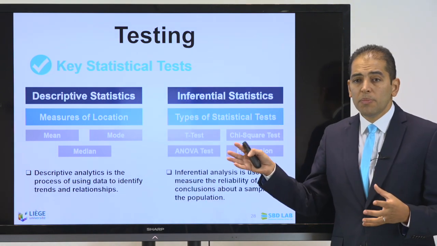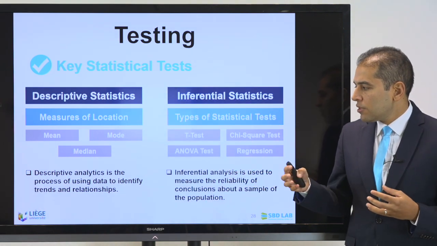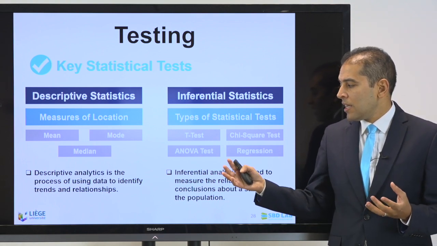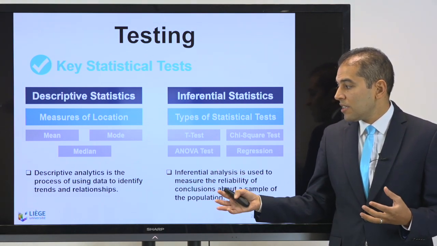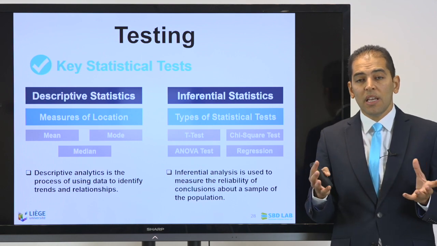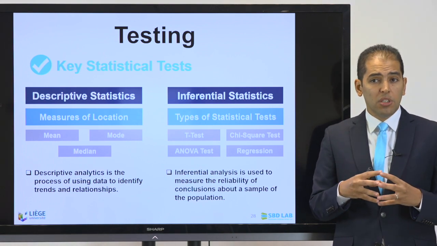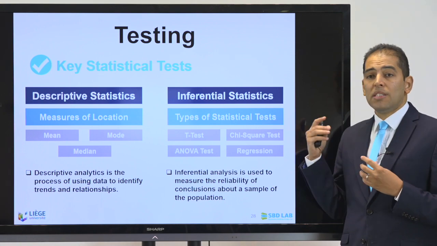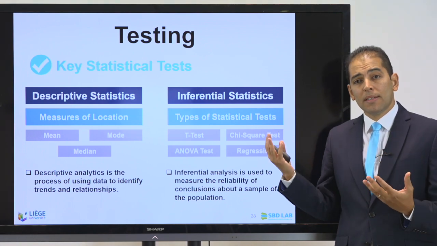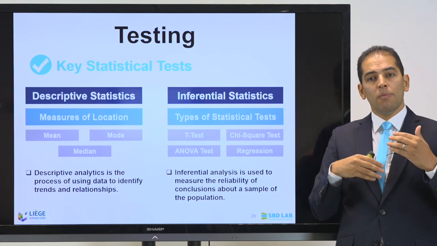One is called descriptive statistics, and here we are talking about descriptive analytics. That is a process of using data to identify the general trends and general relationships within a sample of observations. And we have the inferential statistics, also called parametric statistics, and here we are going much deeper.